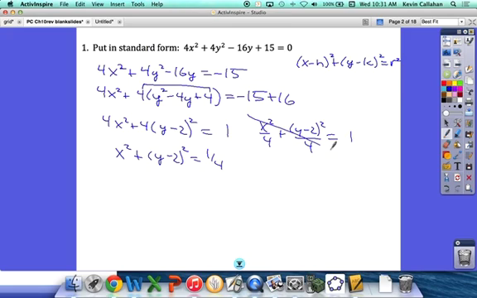So don't do that. Divide by 4. It means the right-hand side is 1/4. In this case, what does that make the radius of the circle? One half, right? 1/2 squared is 1/4. So that's just telling you the radius is 1/2.